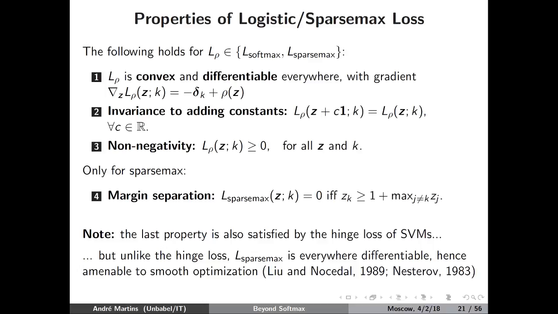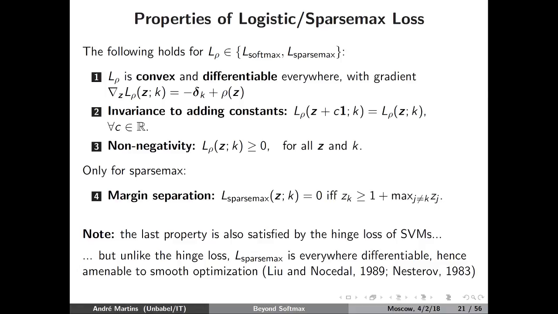The second property is that both losses are invariant to adding constants. If you add the same constant to all coordinates of z, we get the same value for the loss. Third, the two losses are non-negative, which makes sense. For a loss function, typically you want the true class to have zero loss and a bad decision to have a positive loss, but not a negative loss.